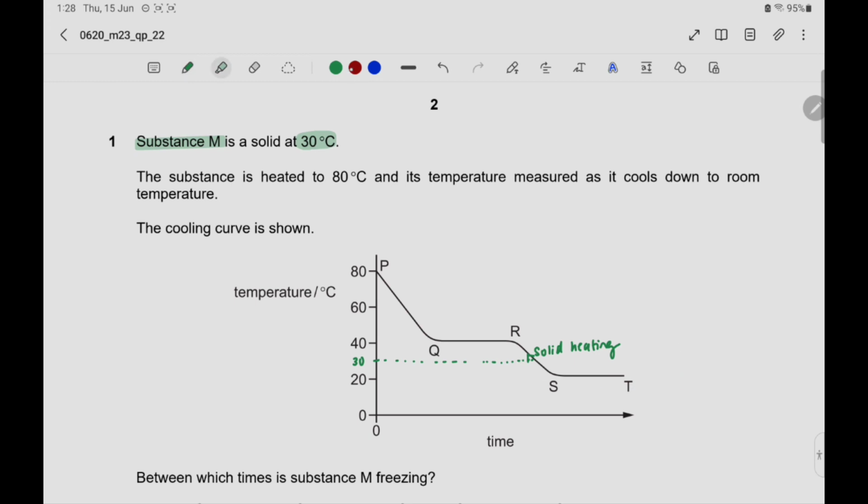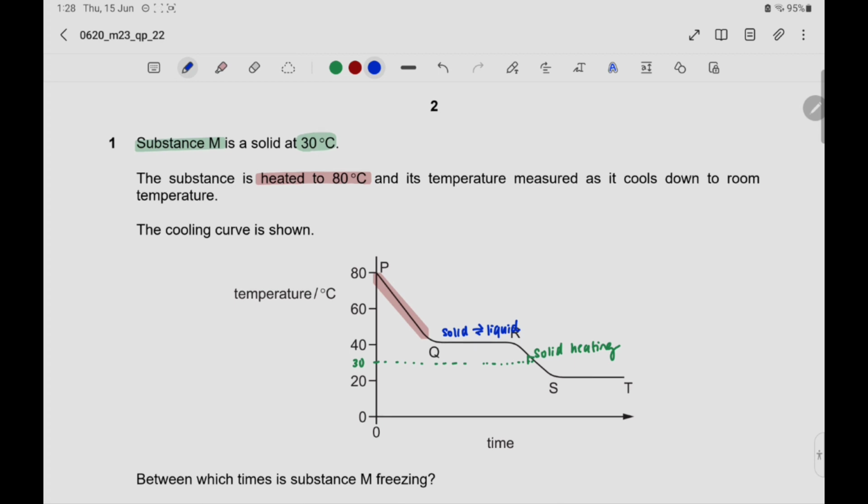So what happened to this substance? They heat to 80 Celsius, heated all the way up to 80 Celsius. So this is a solid and liquid changing state, which is either melting or freezing, depending on whether you gain heat or lose heat.